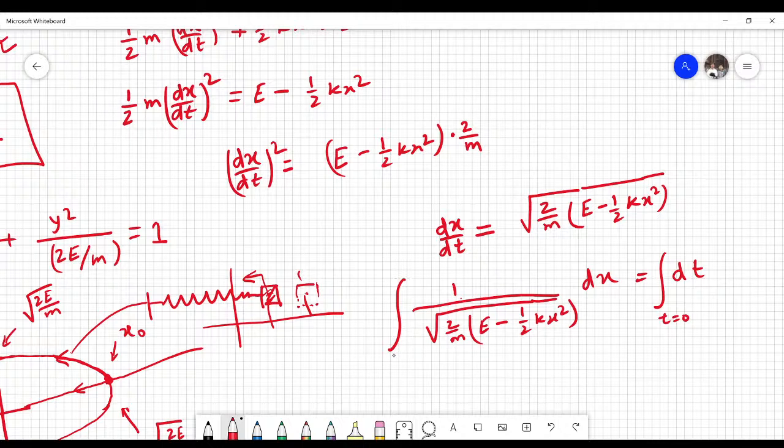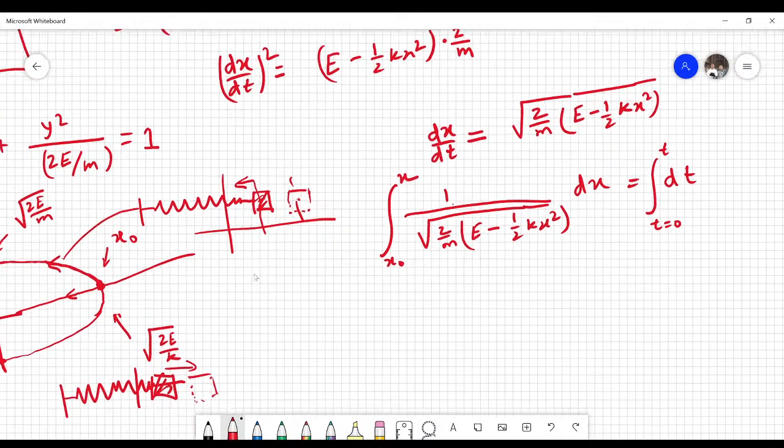And now if you integrate with the appropriate initial data, like at t equals 0 you have x as x naught, and at some t you have some x, then integrating this you will find the result x equals some constant A cos of (square root of k by m t plus delta).